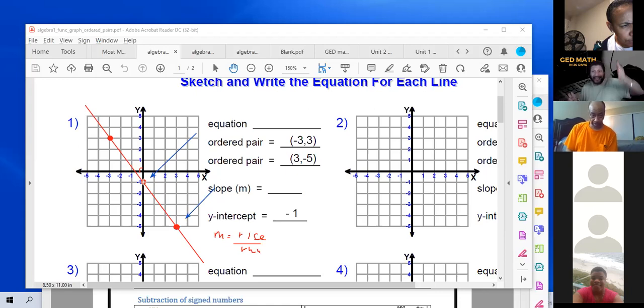Rise is up or down. We want to go down how many? Count with me. 1, 2, 3, 4. 4.